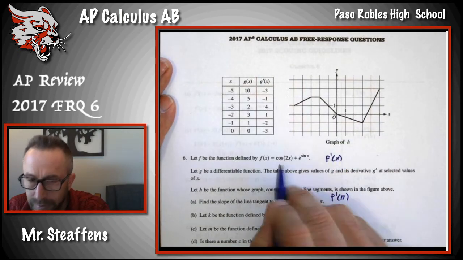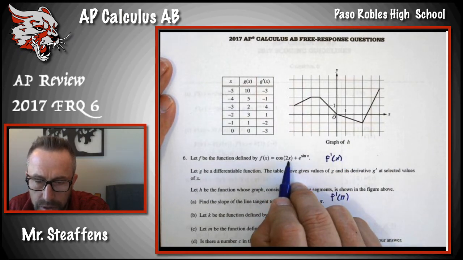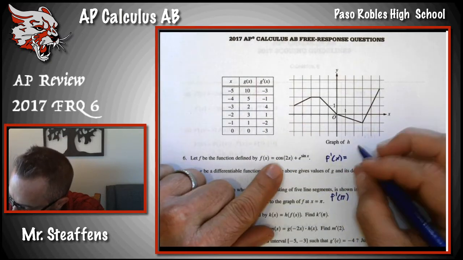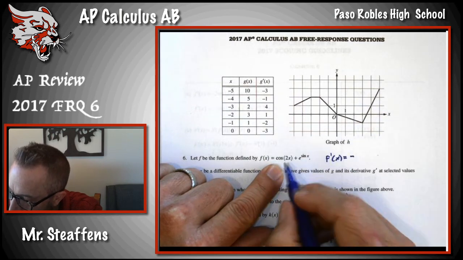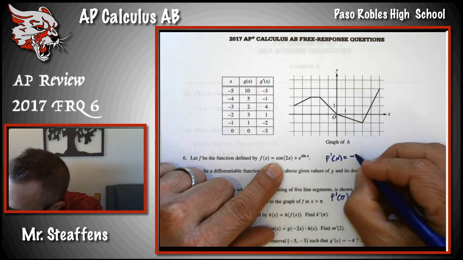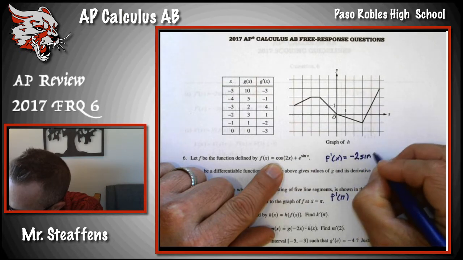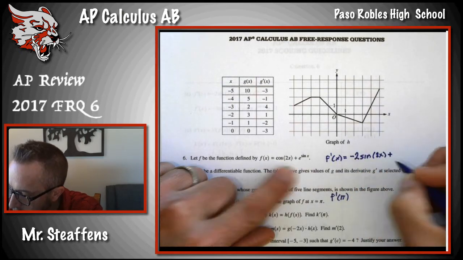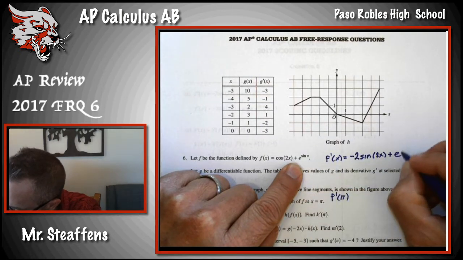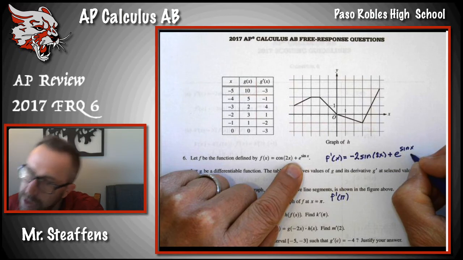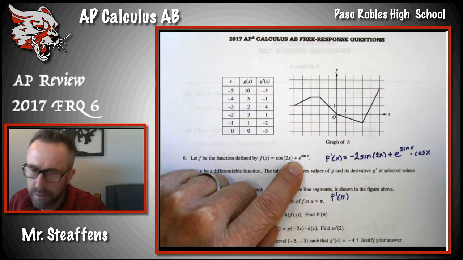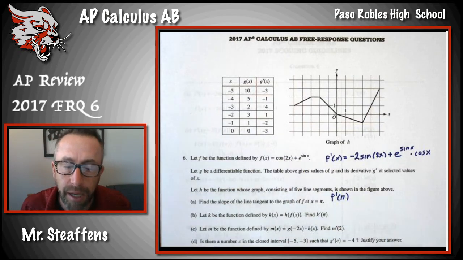So the derivative of cosine 2x is going to be negative sine, but there's a 2x, so there's also going to be a chain rule in there. So it's going to be negative 2 sine of 2x plus the derivative of e to the sine x, which is e to the sine x times chain rule cosine x, which looks really gross, but I'm just plugging in a pi.